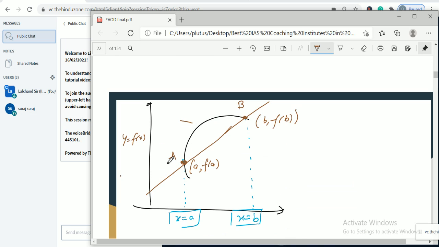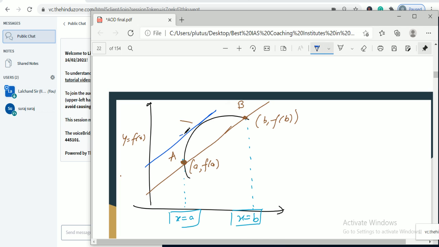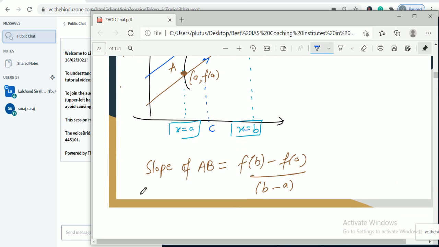Now suppose there is a point in between these two points where the tangent is parallel to this line, at point C. This is the point C in the interval (a, b), where this tangent is parallel to the given line. So f dash c should be equal to the slope of this given line.